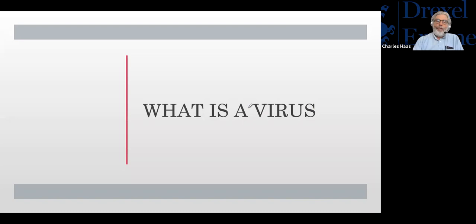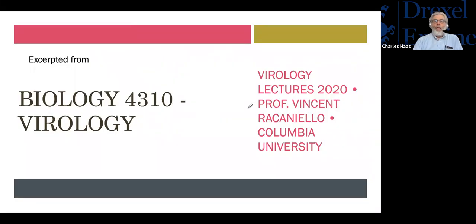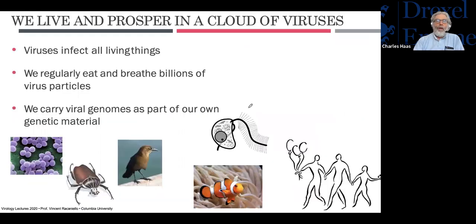A virus is the simplest biological form that contains information necessary for its replication. The next several slides I'm excerpting from a lecture on the web by Professor Racaniello at Columbia. Viruses are all around us.